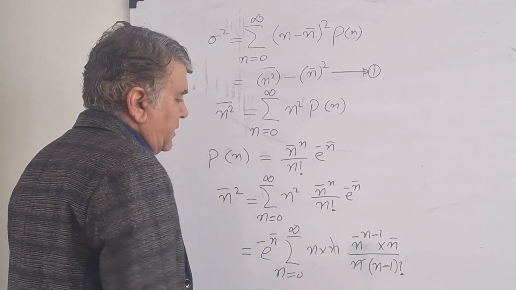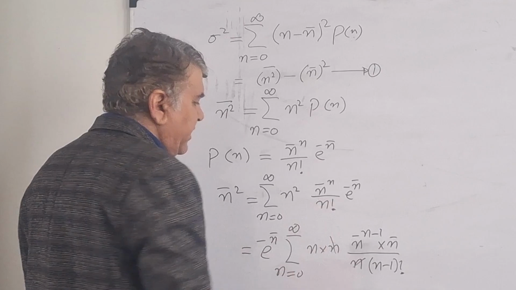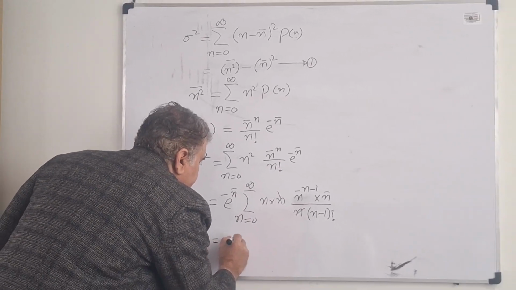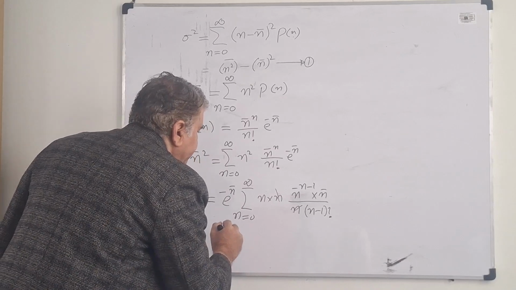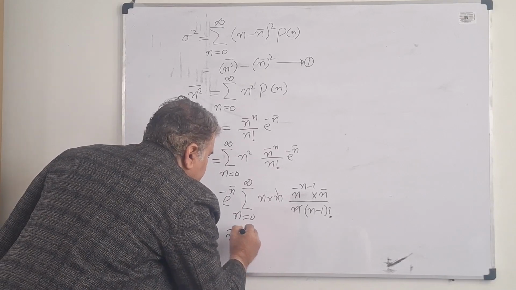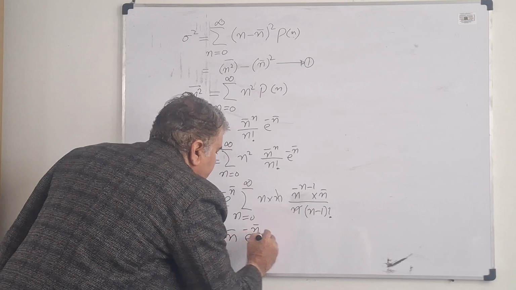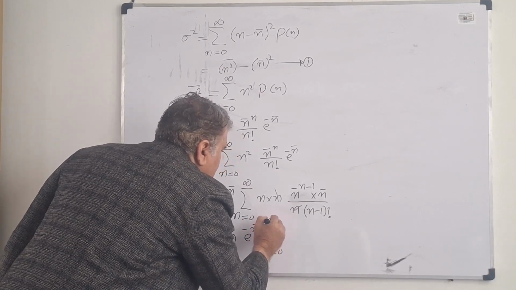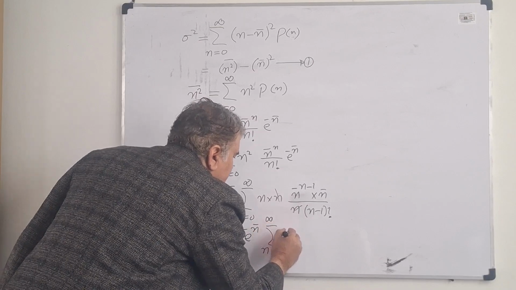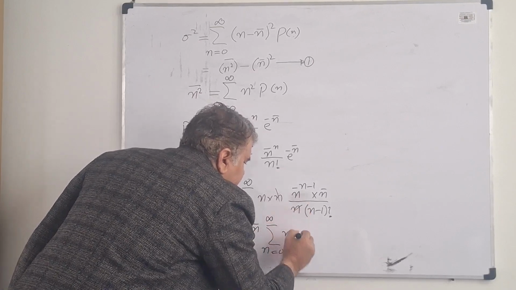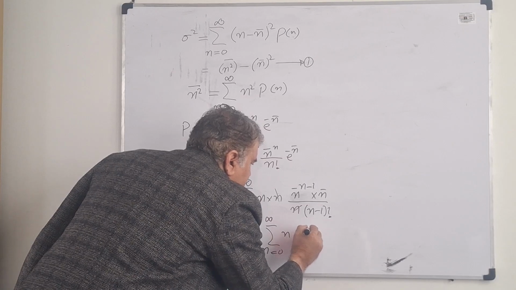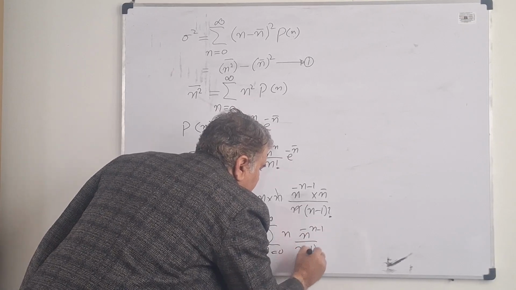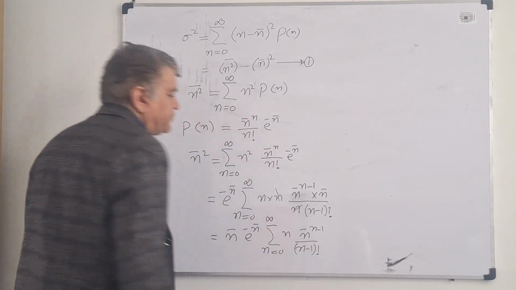Again I can take this thing to the left of the sum because it is independent of it, and therefore I write this as n bar exponent minus n bar times the sum over n equals 0 to infinity of n times n bar raised to the power n minus 1 divided by n minus 1 factorial.